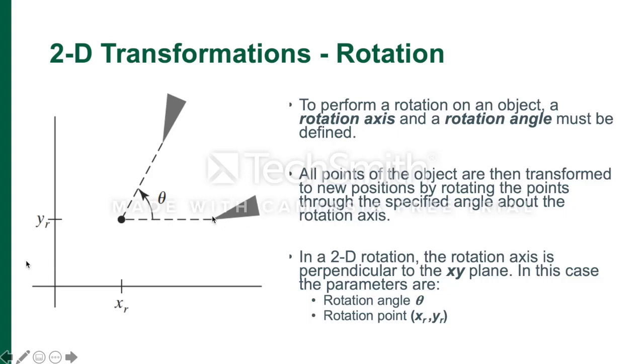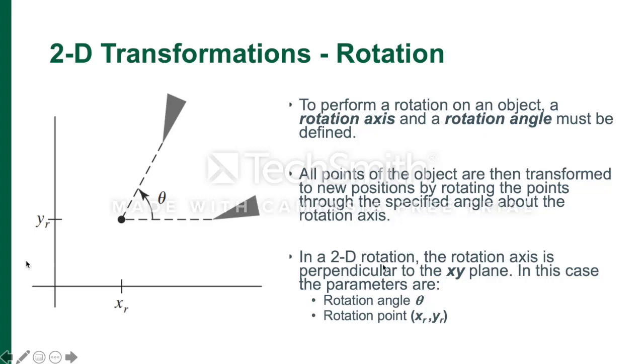This triangle is going to rotate each of its vertices. For example, this vertex is going to rotate a theta angle, this vertex is going to rotate a theta angle, and this vertex is going to rotate a theta angle. And then after those vertices are rotated, the new, rotated triangle is going to be redrawn.